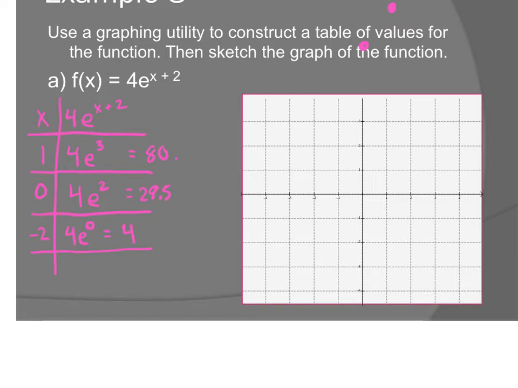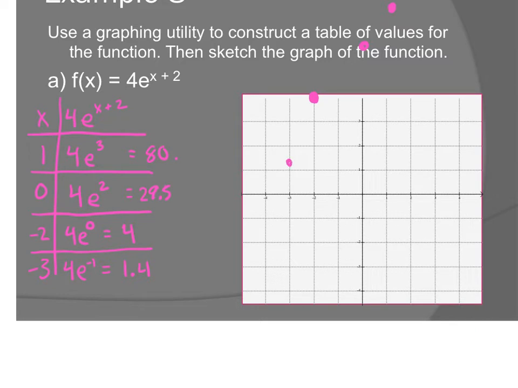So this is actually on our graph here. You see our numbers keep getting smaller and smaller. What else can we plug in? -1 would again be super high up here, off of our graph. So let's plug in -3 because we want smaller numbers to see where our graph is going to approach. So we have 4 times e raised to the -1. E raised to the power of -1 is 0.36, and times 4 is 1.4.